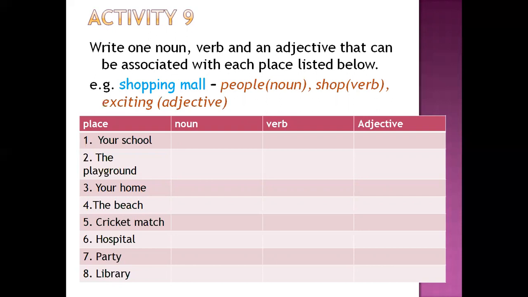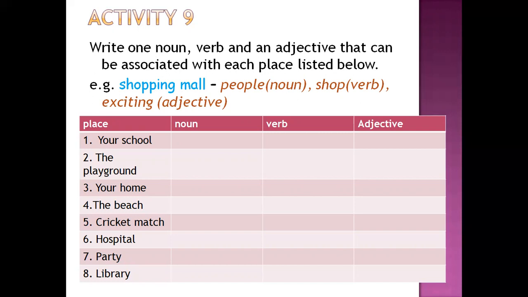So you have to find out some nouns, verbs, and adjectives that you can see in particular places. Example, shopping mall. Can you tell me a noun you can see in the shopping mall? People. What are the other nouns you can see? You can see people, clothes, food items, customers, sellers.